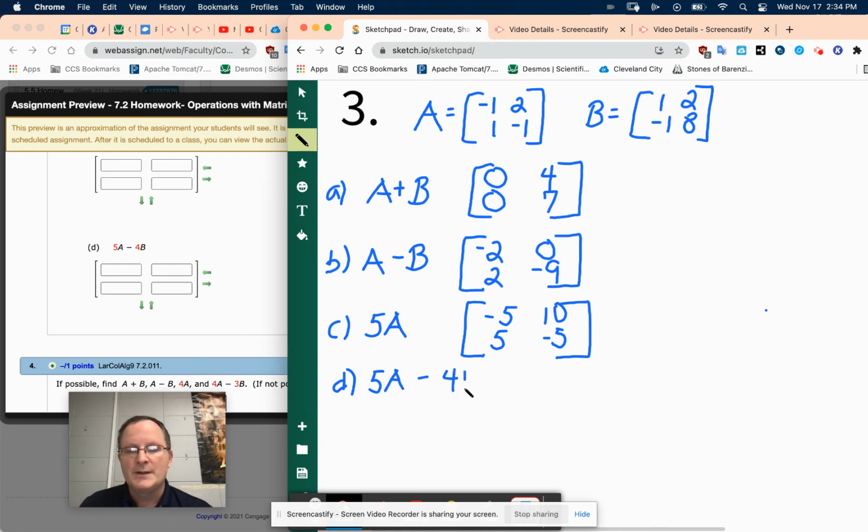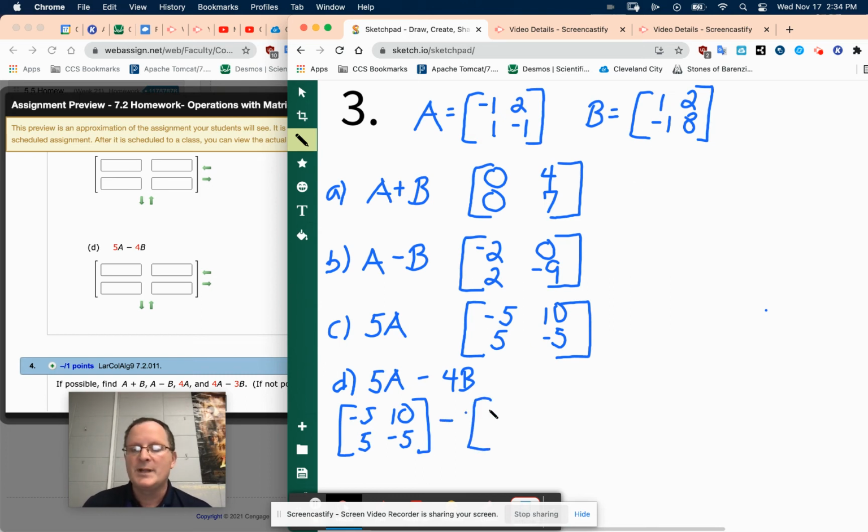All right, so, well, I've got 5a right there. So 5a is -5, 10, 5, and -5. All right, and then it wants to subtract out 4 times b.